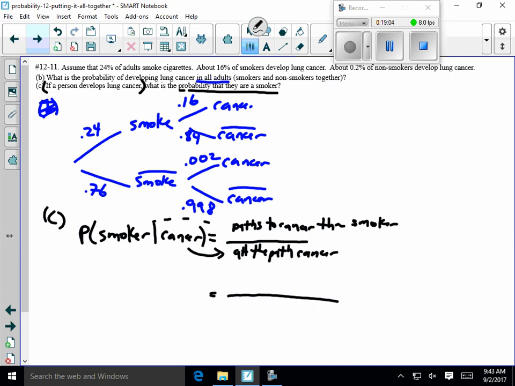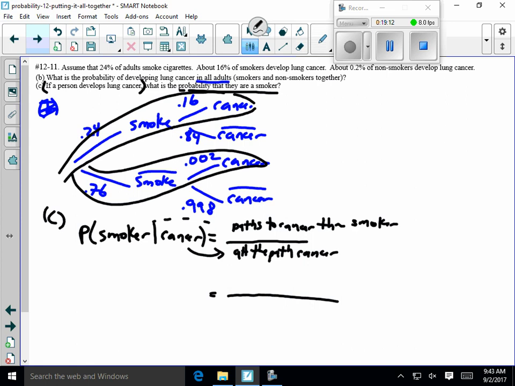stick to probabilities. So we know that all the paths to cancer are this path to cancer, right? Or this path to cancer. And that's the probability we just found before. So 0.24 times 0.16 plus 0.76 times 0.002. Those are all the ways we can have cancer.